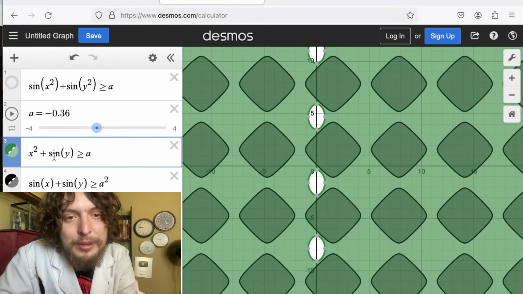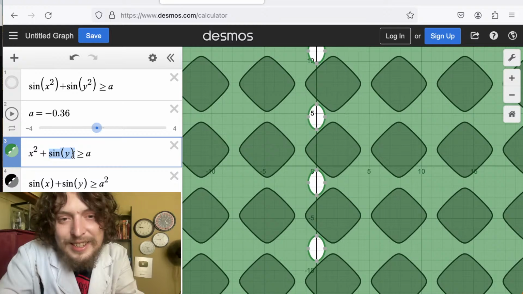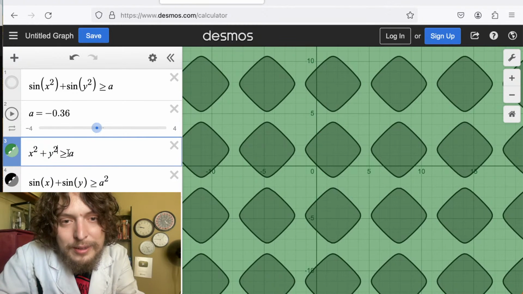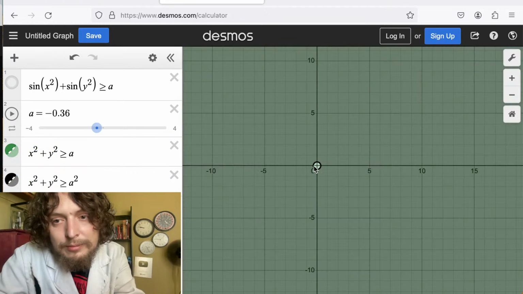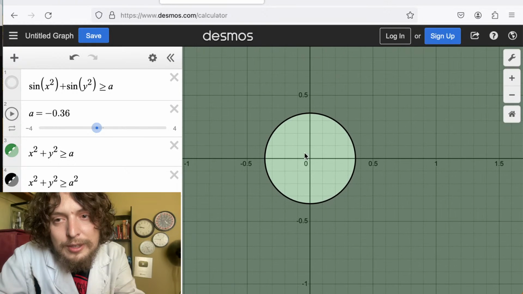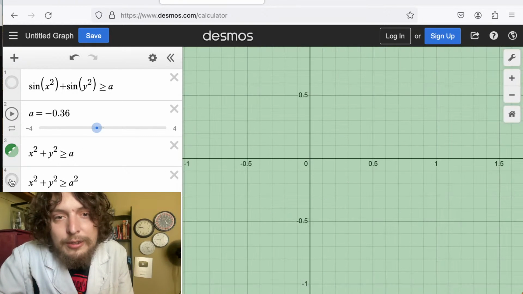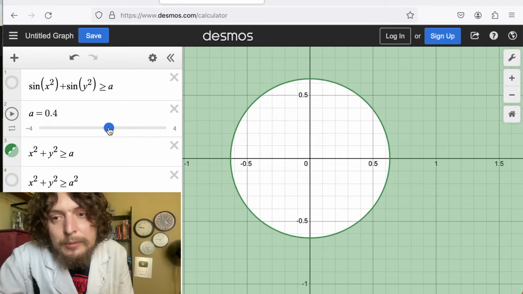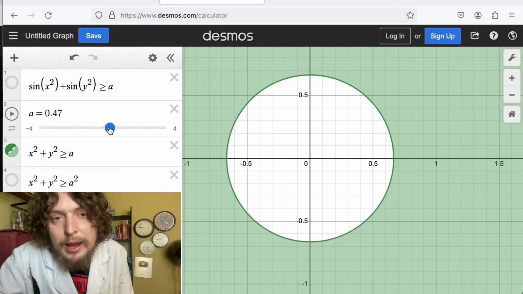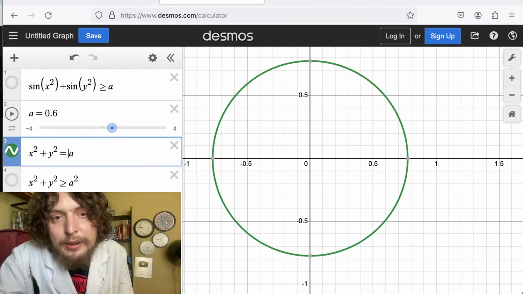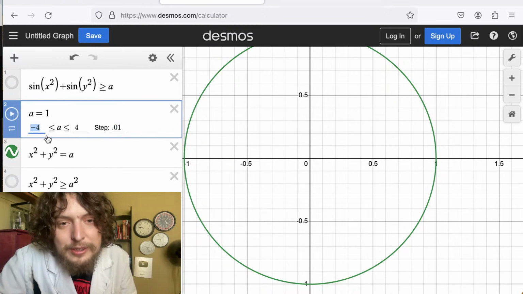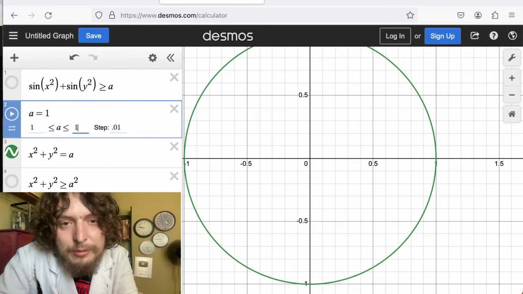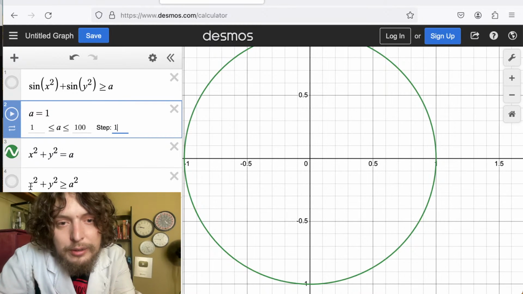I don't know how that happened, that I deleted the squareds instead of those ones. But this is what we want. So here's a circle where, let's just do equal to make it a normal circle. And we need to reset the range on these for this to make sense. We're going from 1 to 100 with just steps of 1.